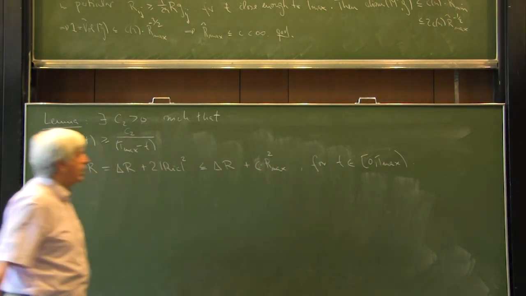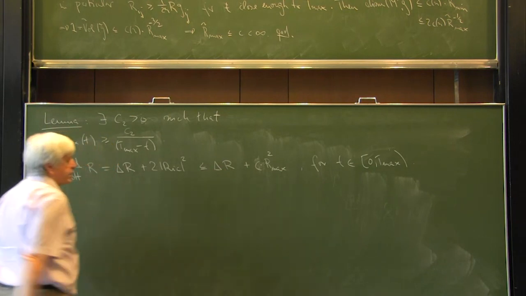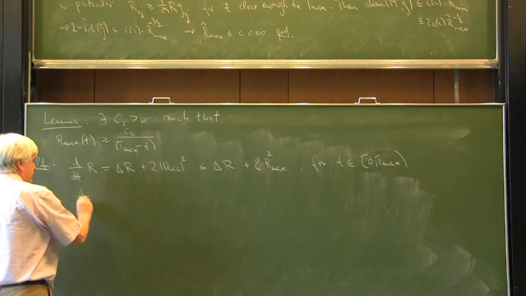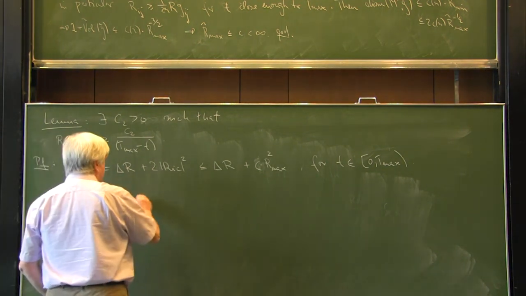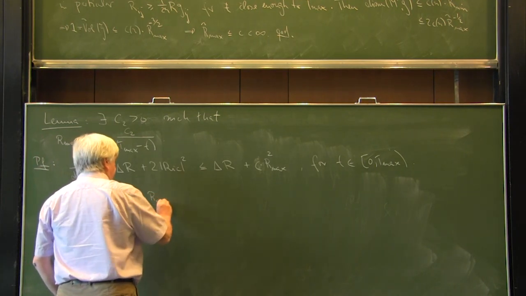Okay. And now, because at the maximum point this is less or equal to 0, this of course means that we have an ODE for the maximum. So we get ddt of R max less than constant times R max squared.